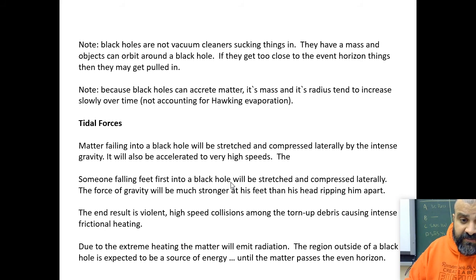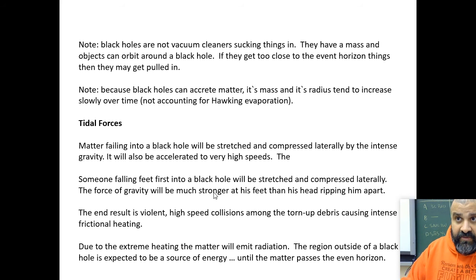The end result is all this debris is traveling extremely fast. It's approaching the speed of light as it's being pulled into the black hole, right? And we get intense heat and intense friction from all the particles zooming around the black hole at, near the speed of light.